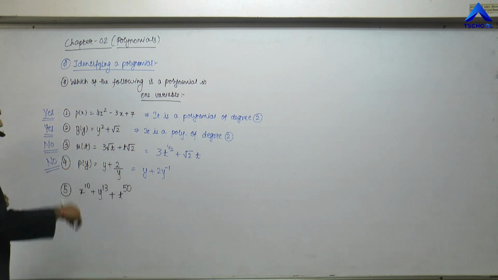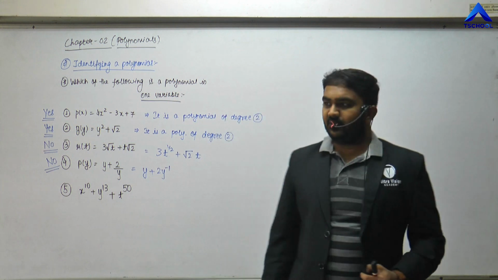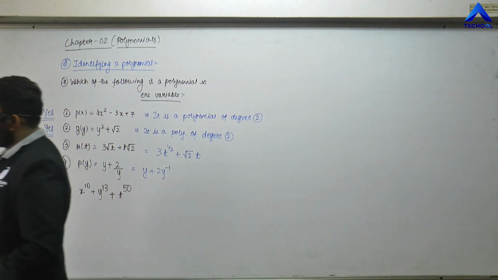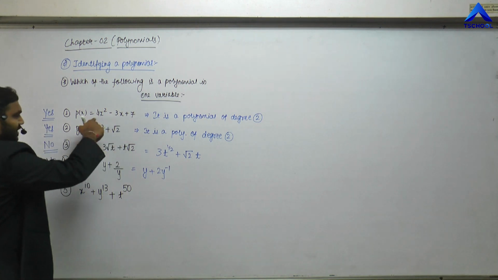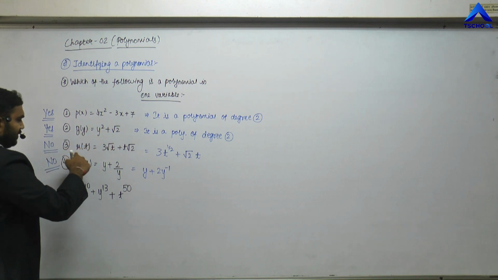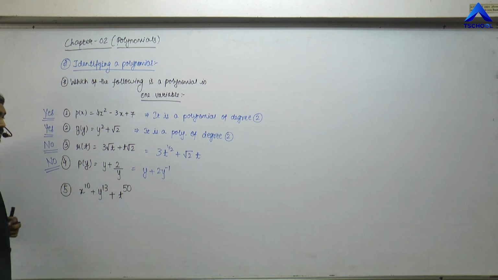These four were all polynomials in one variable only. We have also discussed with these, see this, friends, this is a polynomial in one variable. This is a polynomial in one variable. This is also a polynomial in one variable. This is also a polynomial in one variable.